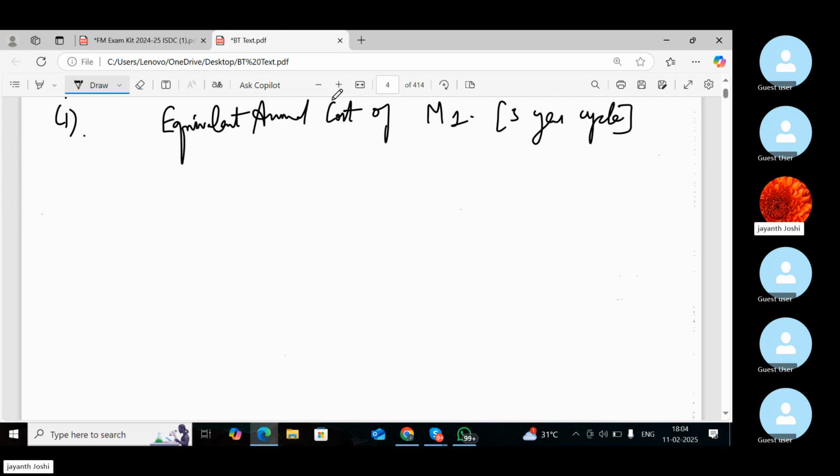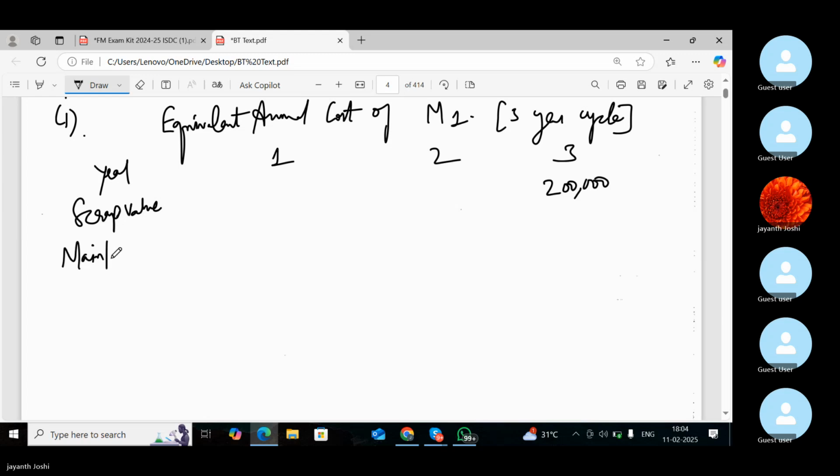I don't think they are much more complicated than what we think about them. Year 1, 2, 3. So first one is the scrap value. At the end of the project life, it is $200,000.